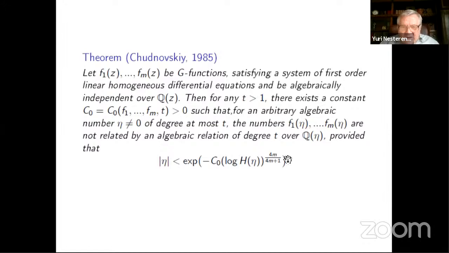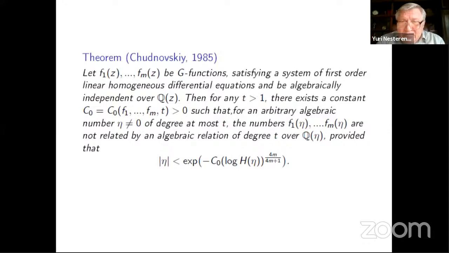And a general result about polynomials. This is a theorem proved by Chudnovsky in 1985. Let f be G functions satisfying a system of first order linear homogeneous differential equations, and be algebraically independent over the field of rational functions.